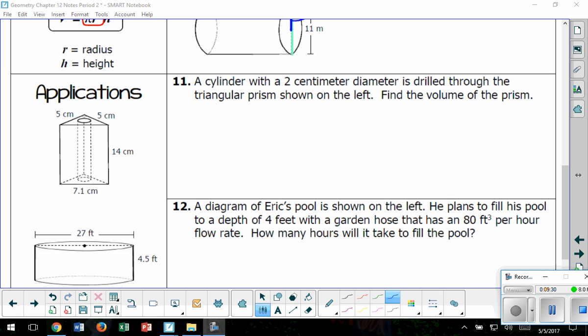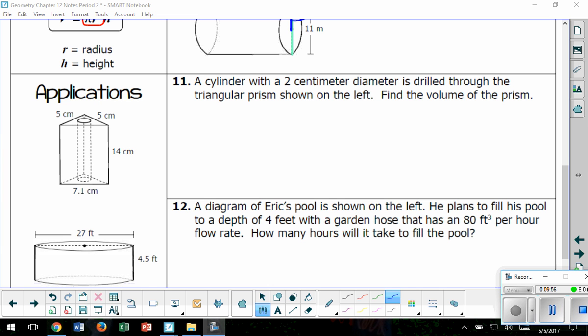SATs, ACTs, number 11. Really, really good problem. For number 11, I'm not going to do everything, but here's the thing. You need to take the volume of the triangular prism, take the volume of the cylinder, and subtract them.